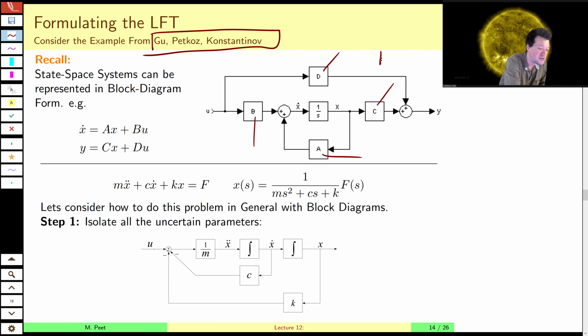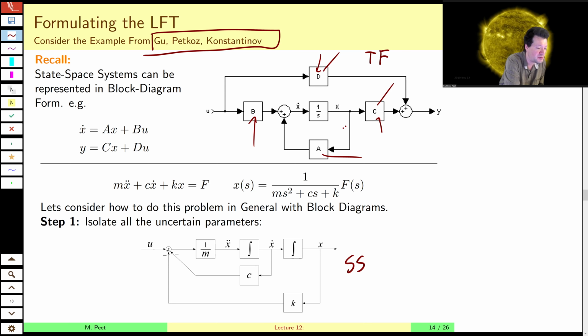This is the transfer function representation. This is the state space representation. And then take the uncertain parameters in those system matrices and form little block diagrams within the block diagram, which you can then use to write down your LFT representation. So to isolate the uncertainties in each of these little parameter blocks, right?